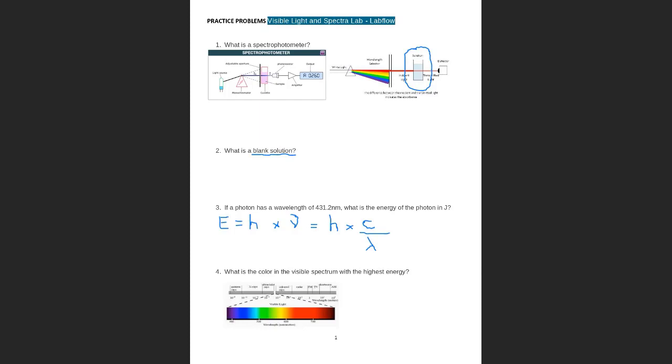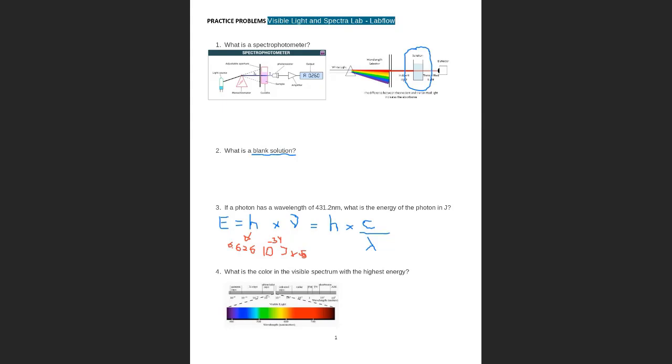So what is the value of the Planck constant? h is always a constant, equal to 6.626 times 10 to the minus 34 joule seconds.